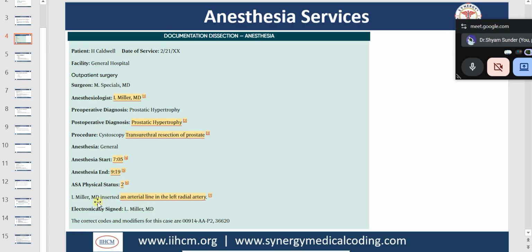Plus, if you see here, MD inserted arterial line in the left radial artery. So this is the additional service we are talking about. For this arterial line, your code is 36620. Can you please go to your CPT code 36620?